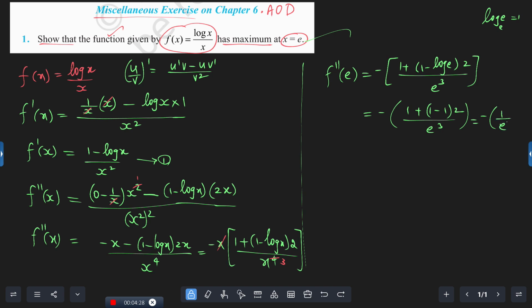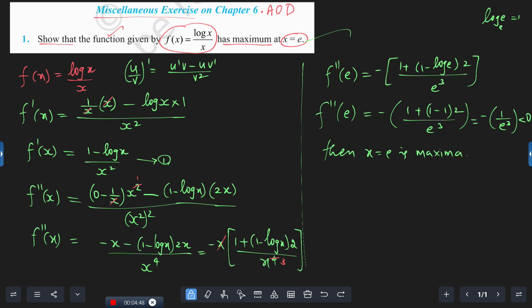Then minus 1 divided by e power 3, which is less than 0. Double derivative less than 0, so we can say x equal to e is a maxima.